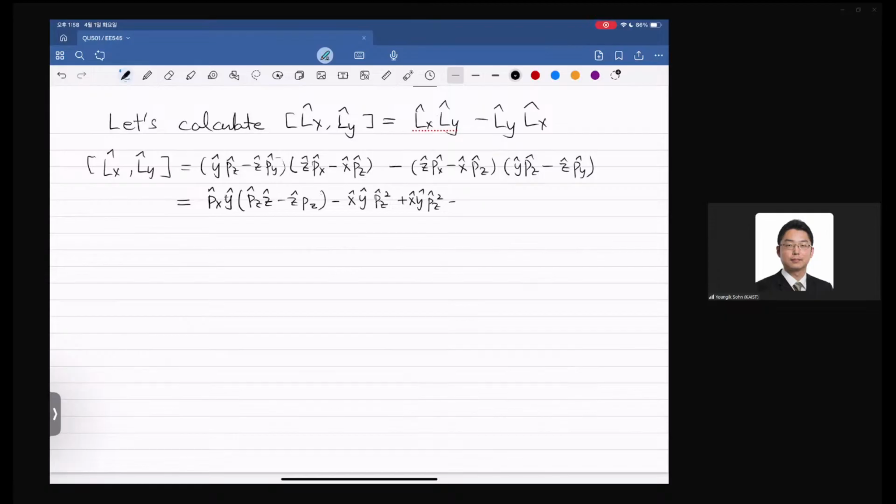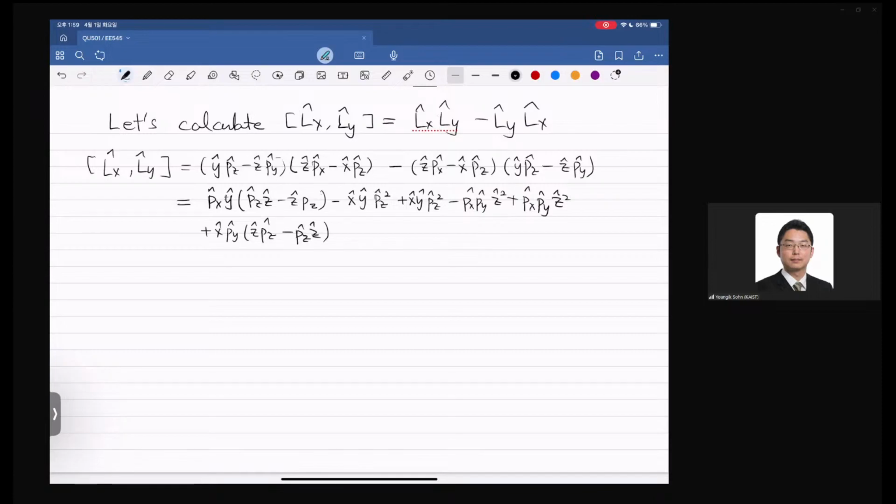Minus px py z square plus px py z square, it's also canceling out. Plus x py z pz minus pz z.